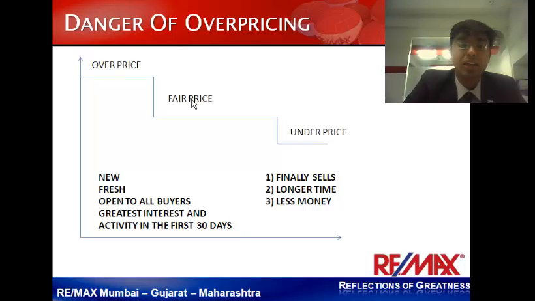Unlike a situation where you overprice it initially and, over a period of time, end up selling the property at a lower price, or having to underprice it, and more importantly you have spent a longer time and ultimately got less money.